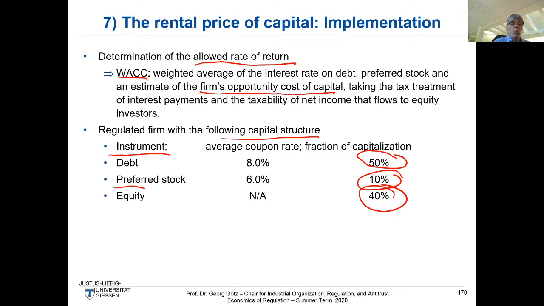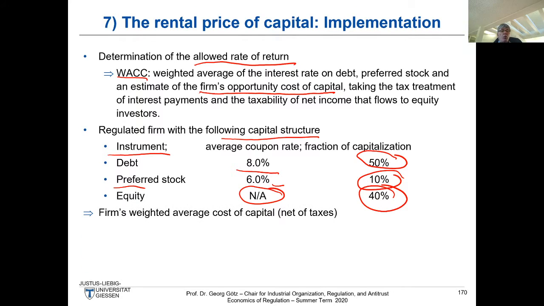Now, what is easy, of course, is you can just look at what is the rate that they get money from their banks, or if they have any bonds outstanding, what the coupon of these bonds is. Similar perhaps with preferred stock, but very complicated with equity. So what is the real rate? What is the cost of equity? And that's the problem for the regulator, how to determine that.